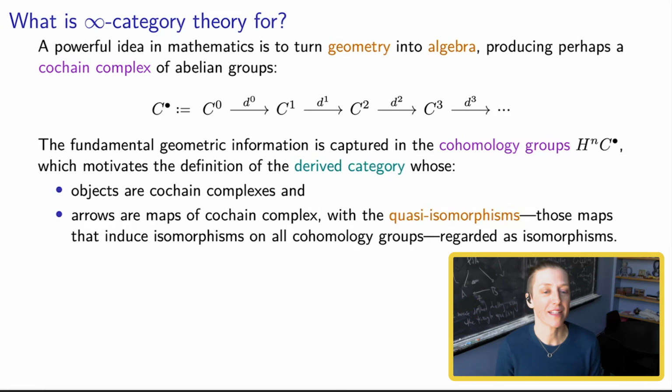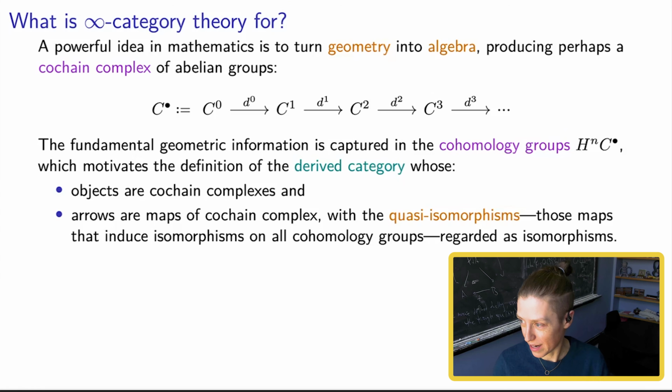And all of this motivates the definition of the derived category. This is one of these ordinary 1-categories that I mentioned previously. In this case, the objects are these cochain complexes, like we're illustrating here, and the arrows are maps of cochain complexes.